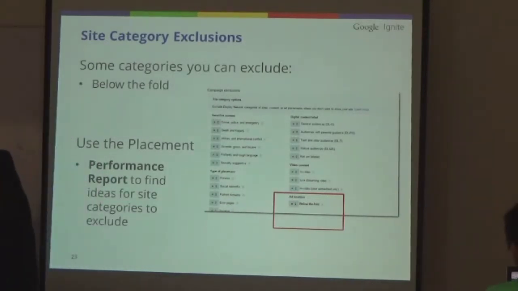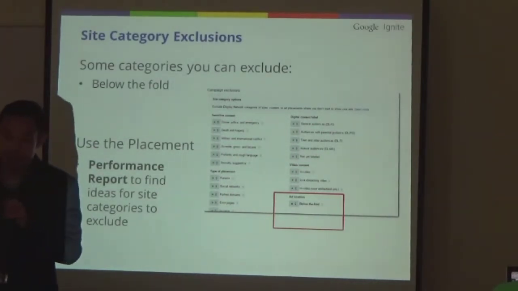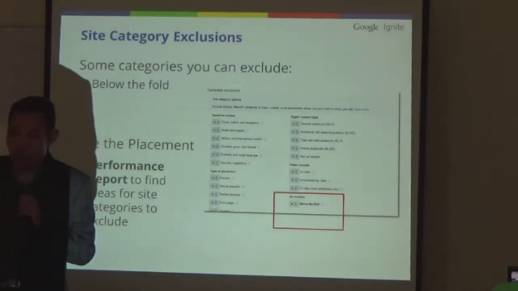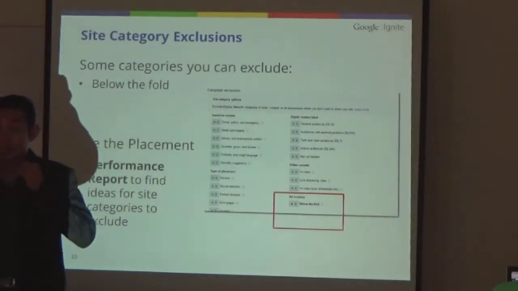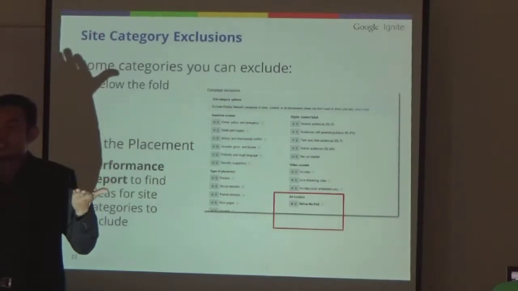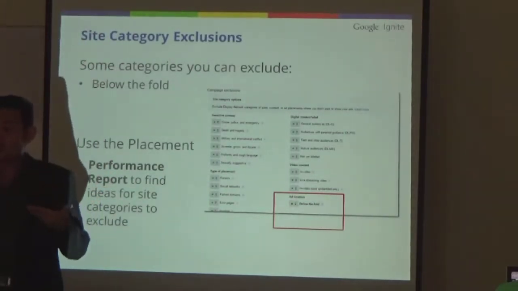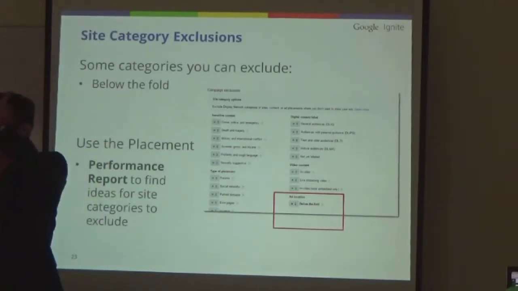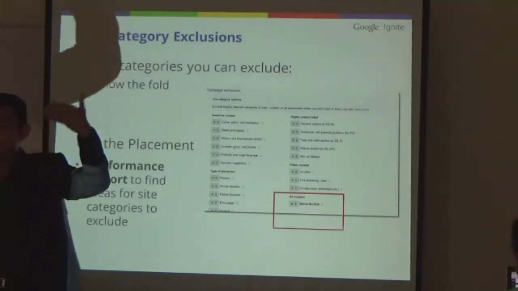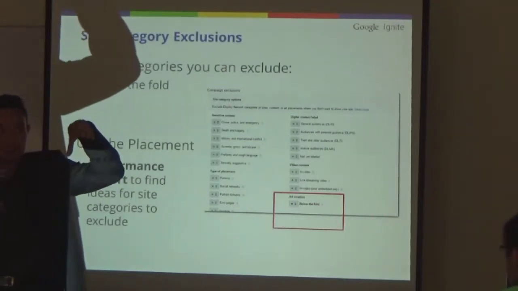And we use the placement report to find ideas for site categories to exclude. Now, this is a very powerful feature. It's called the placement performance report. There are a lot of questions that are going to be asked about the placement performance report. So this is where you find ideas on where your ads are being shown. Let's say you go into interest targeting and Google starts showing your ads to people who are interested in that particular service or product.